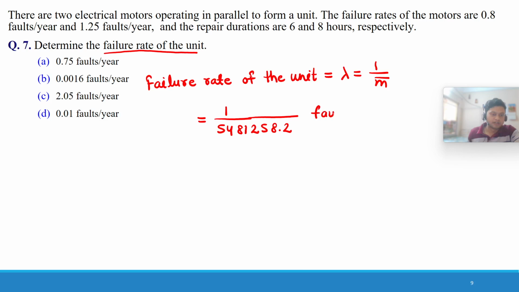So it will be faults per hour. And again here you have to find out in the faults per year. So multiply it with 8760. So you will get the answer in faults per year.